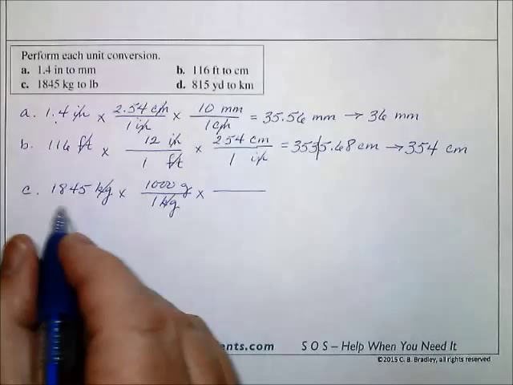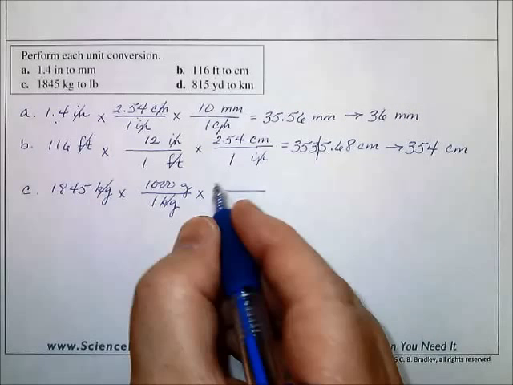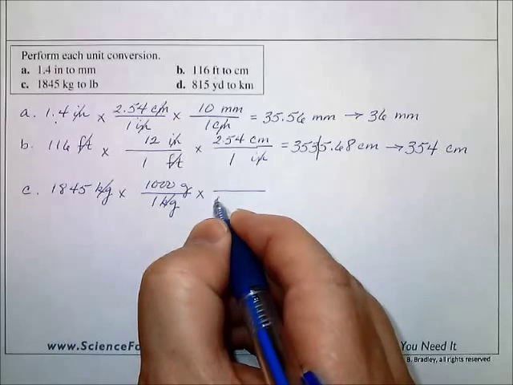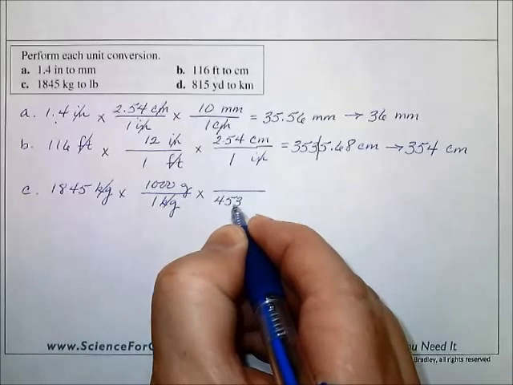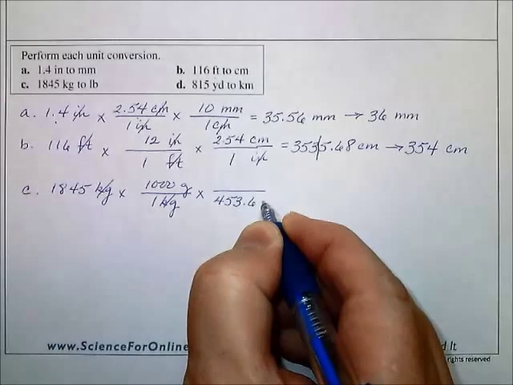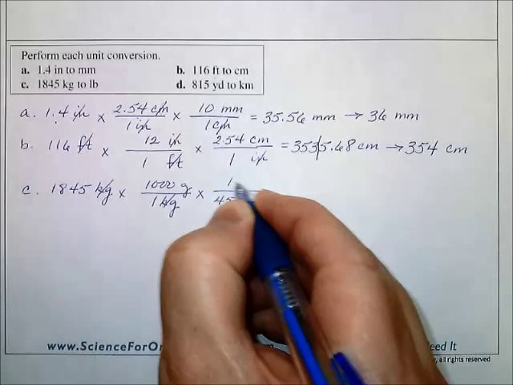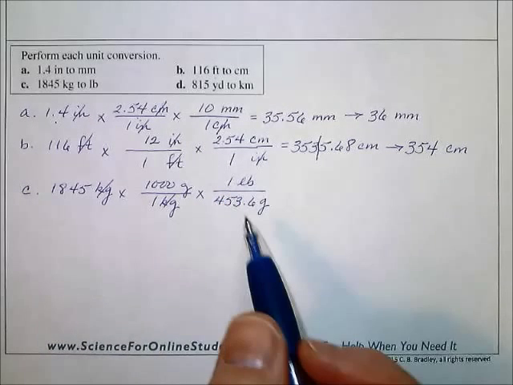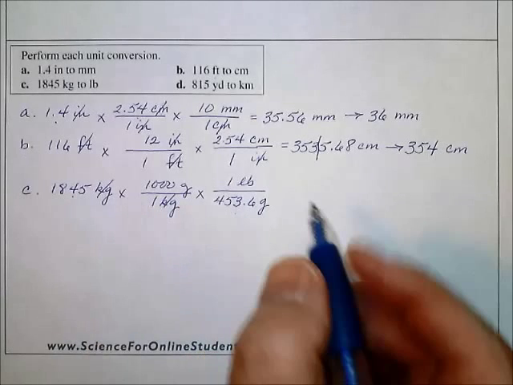And we have 4 significant figures, so I will use 453.6 grams is 1 pound, and this will preserve 4 significant figures in the final answer.